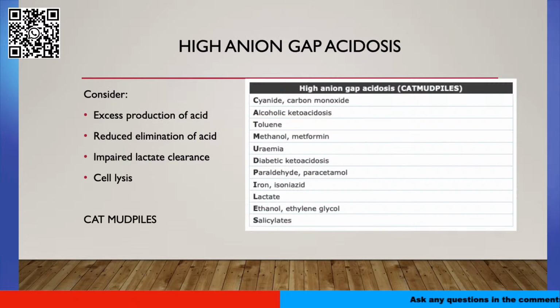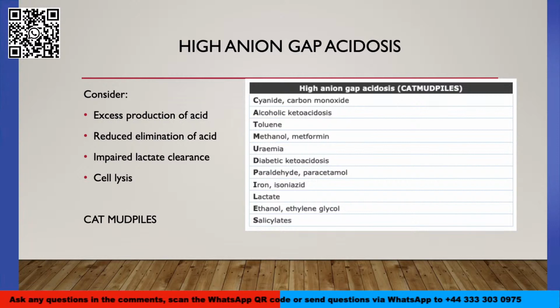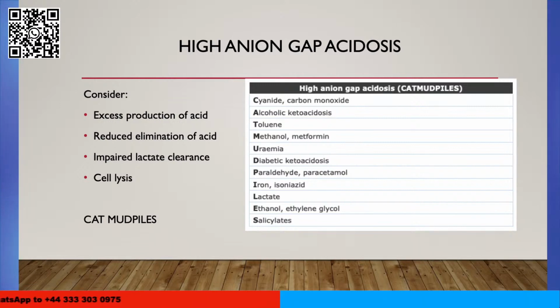If you discover you have a high anion gap acidosis, you need to consider why. It may be due to an excess production of acid, reduced elimination of acid, impaired lactate clearance, or cell lysis. And a popular mnemonic for trying to remember causes that's often used in exams is CAT MUD PILES.